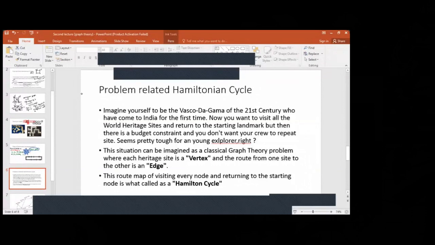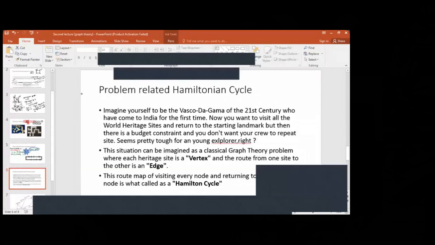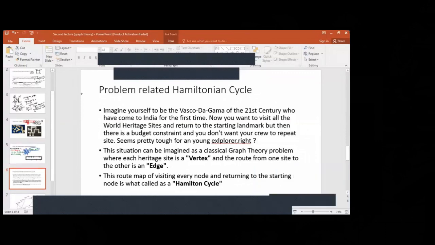Seems pretty tough for a young explorer, right? These situations can be imagined as a classical graph theory problem where each heritage site is a vertex and the route from one site to the other is an edge. This route map of visiting every node and returning to the starting node is called a Hamiltonian cycle.